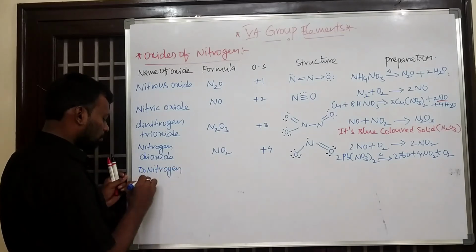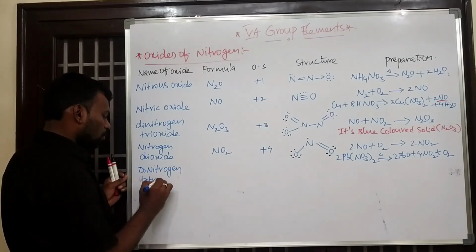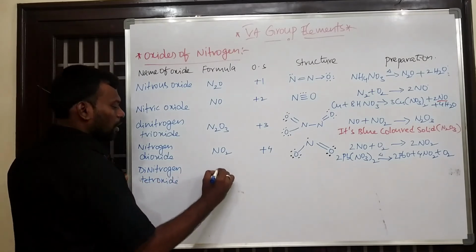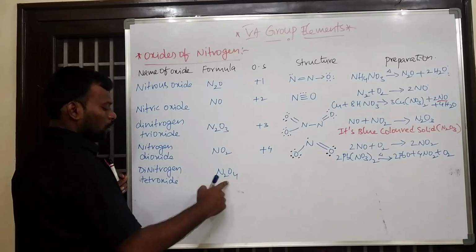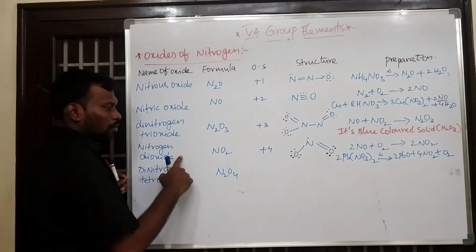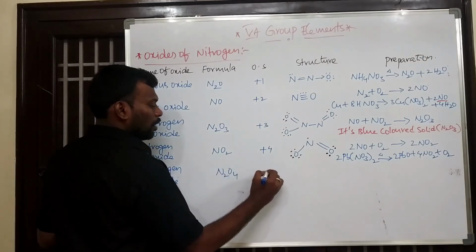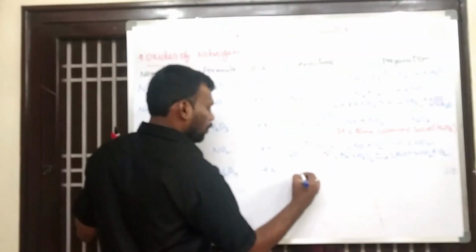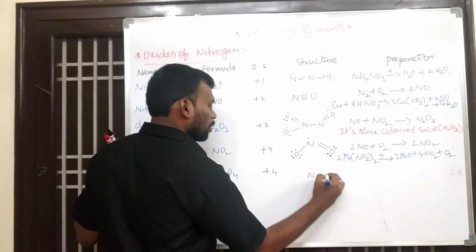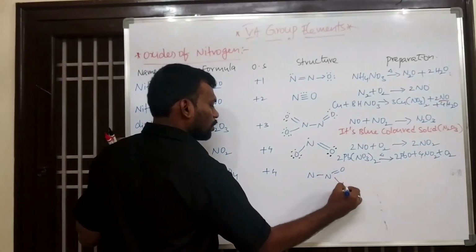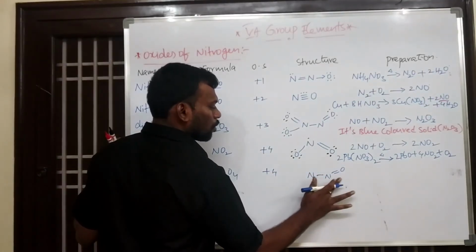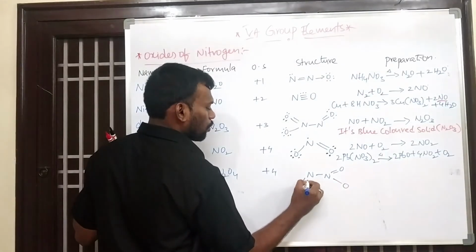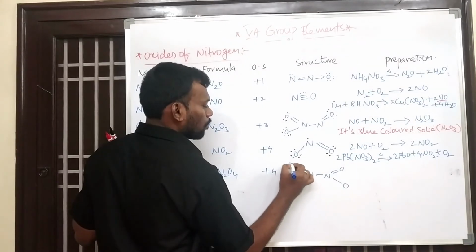Dinitrogen tetroxide. It is represented with N2O4. This is the dimeric form of nitrogen dioxide. Here the oxidation state of nitrogen is also +4, and the structure looks like this.